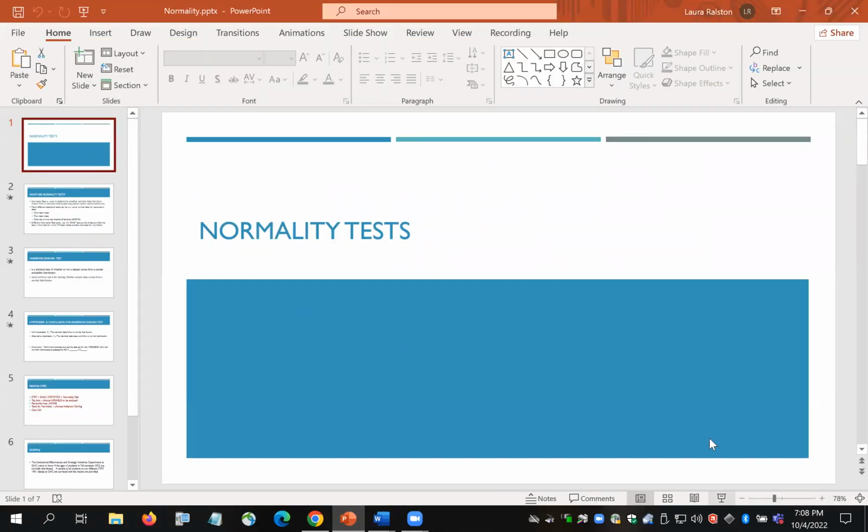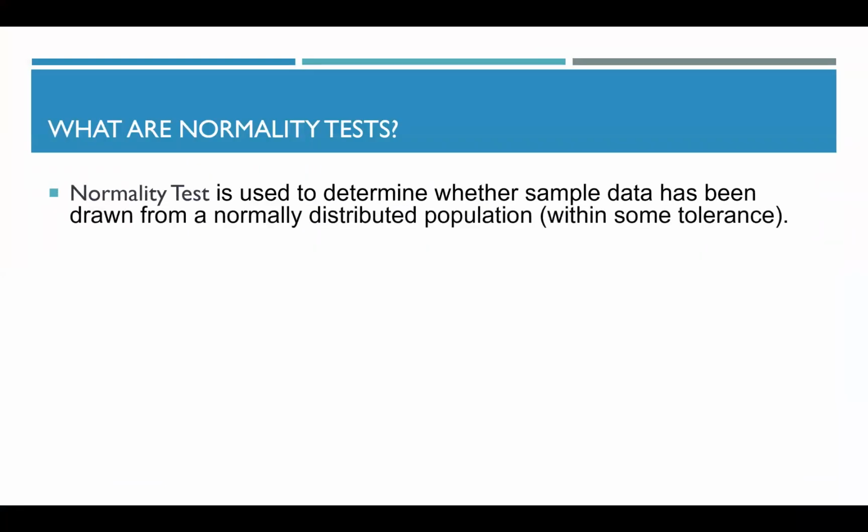Normality tests let us determine whether the sample data has been drawn from a normally distributed population within a given tolerance. So you're going to have a little bit of margin of error here, but the normality test allows us to determine whether the sample data has been drawn from a normally distributed population.